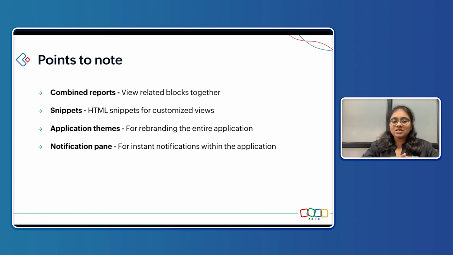Similarly, we also discussed application themes with which we can rebrand the entire look and feel of the application. And also we discussed the notification pane, by which we can get instant notifications within the application. So these are the four major features that are used repeatedly in my application to make it work in an enhanced way.